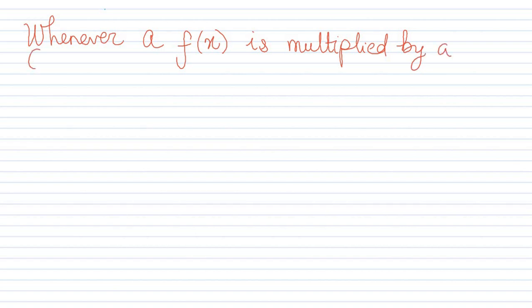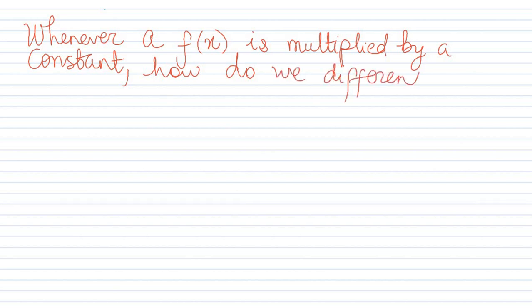a function is multiplied by a constant, how do we differentiate? Asking you guys.